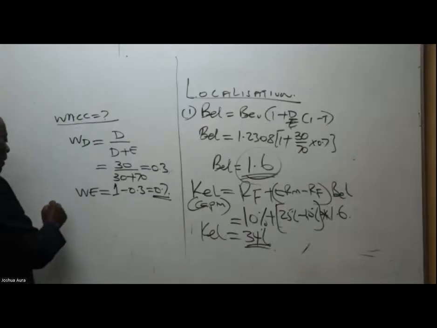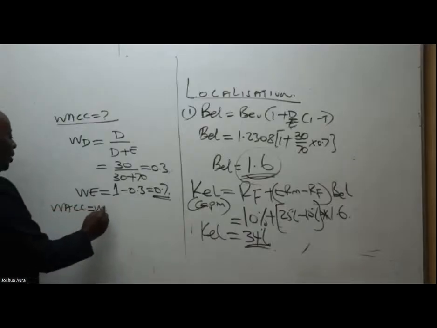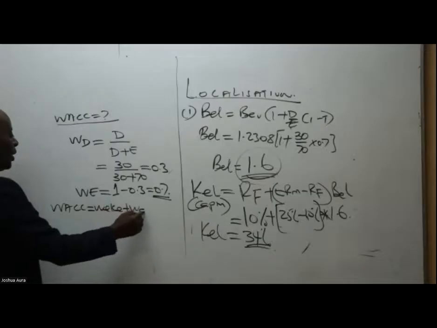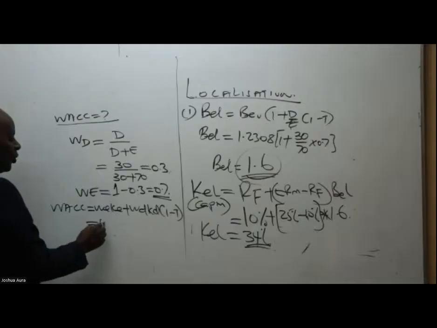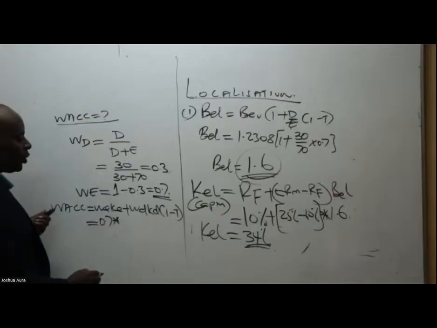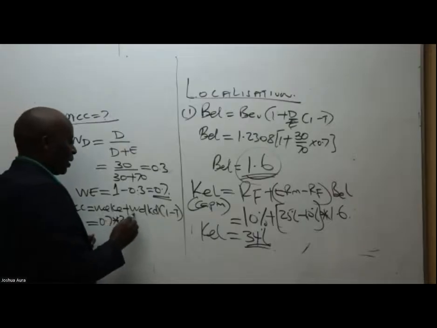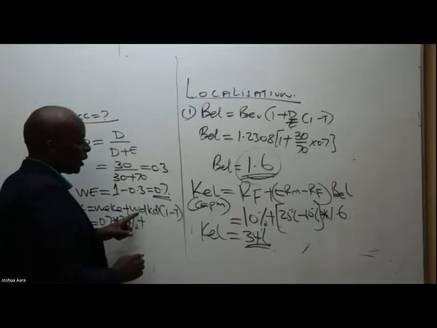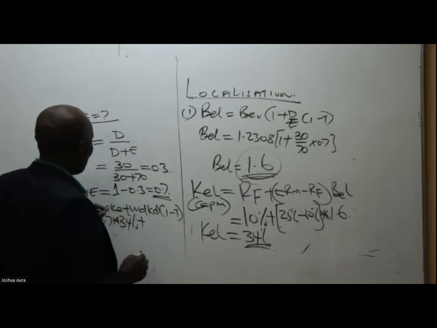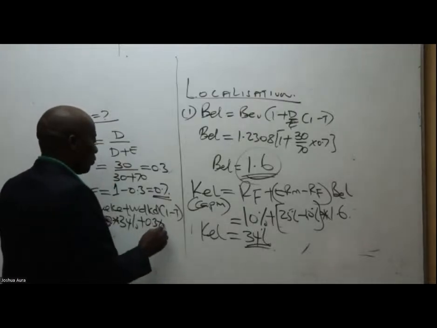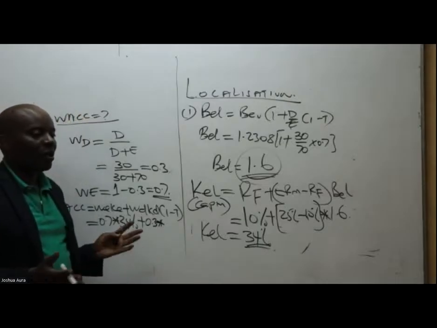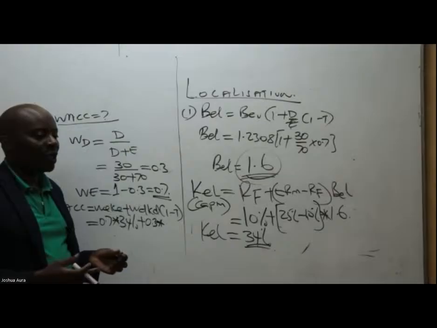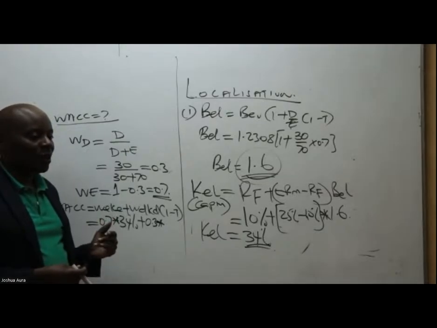So the WACC will be weight of equity times cost of equity, plus weight of debt times cost of debt times (1 minus tax). Weight of equity is 0.7. The cost of equity we already have as 34%, plus weight of debt, which you have given me as 0.3. Cost of debt, has it been given expressly or do we work with risk-free, which is 10%?